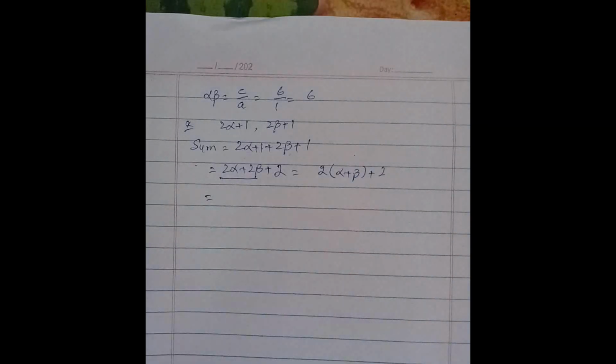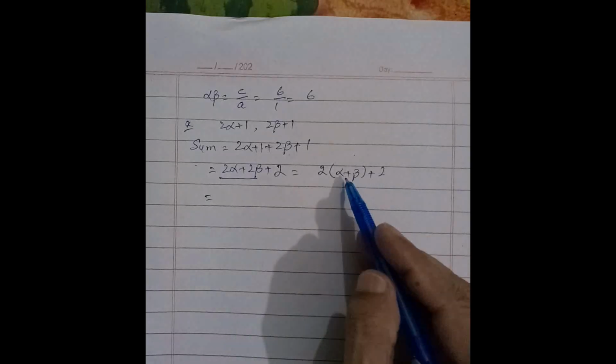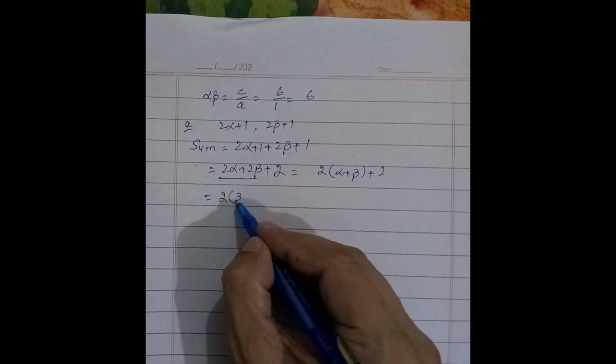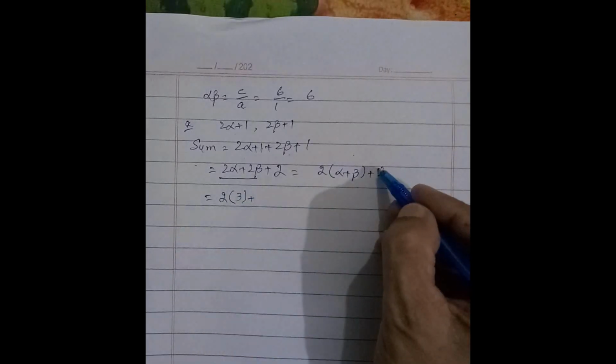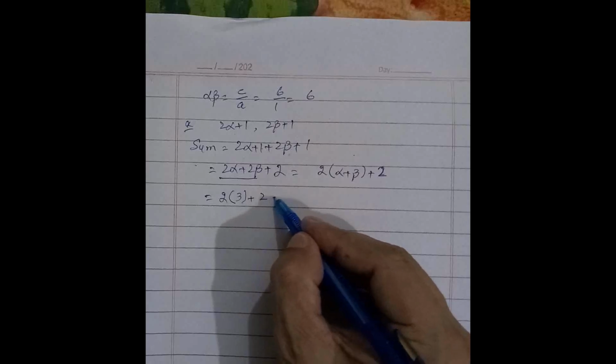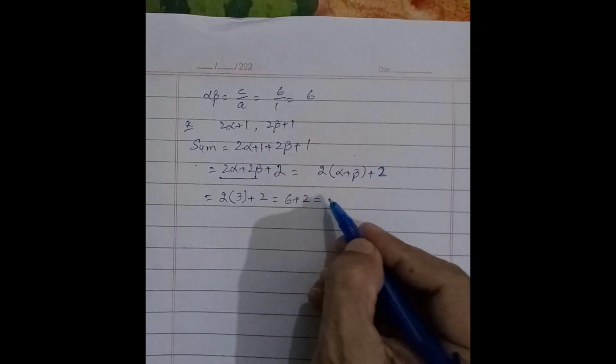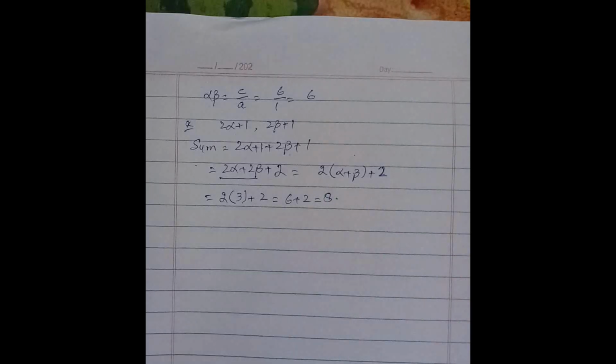So we put the value of alpha plus beta in the equation. We get 2 into 3 plus 2, which is equal to 2 3s are 6 plus 2 is equal to 8.